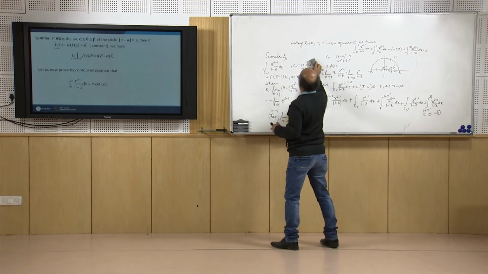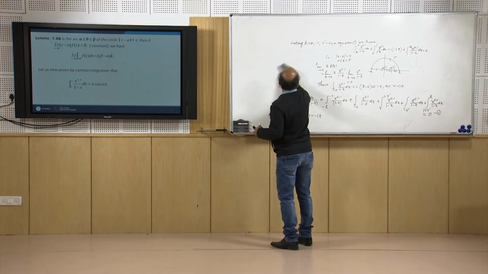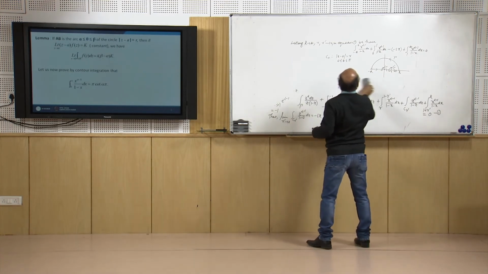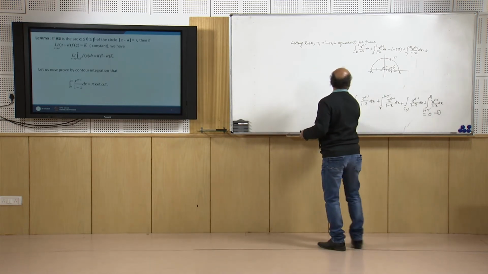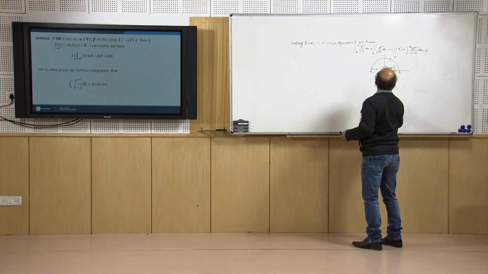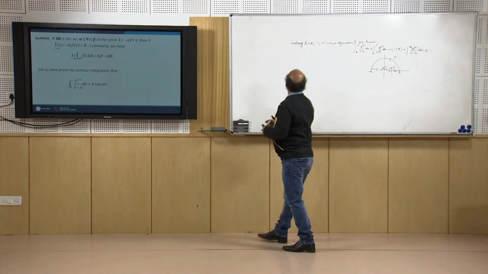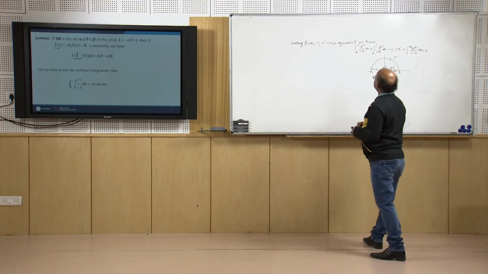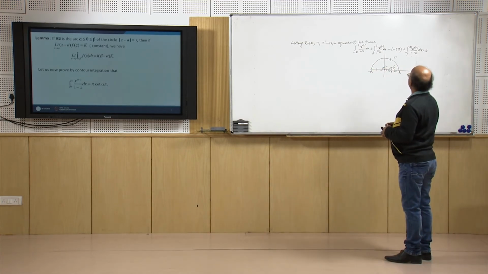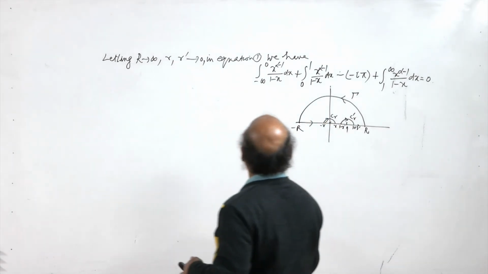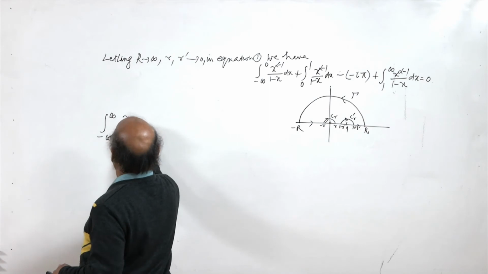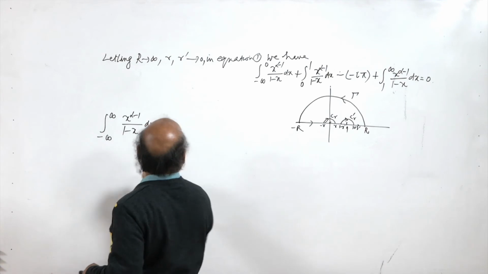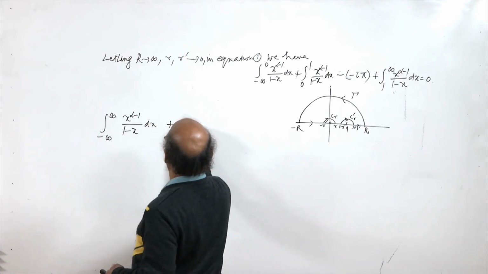Now, let us simplify this. We have integral from minus infinity to 0, then integral 0 to 1, and then integral 1 to infinity. We can combine and write integral over minus infinity to infinity of x to the power alpha minus 1 over 1 minus x dx plus I pi equal to 0.